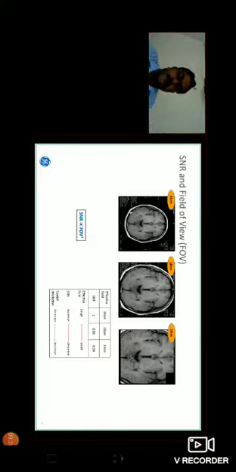So in the first image, the image is very smooth and the edges are blurred out. It's not very sharp. That means the spatial resolution is less. But in this case, the 14 centimeter FOV, you can see the edges are very sharp. Means you have a very good spatial resolution.